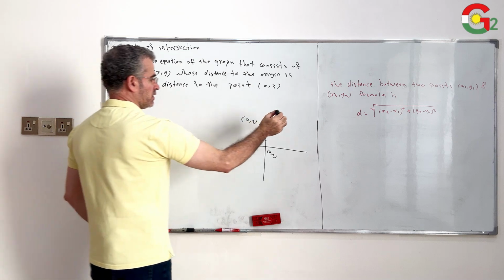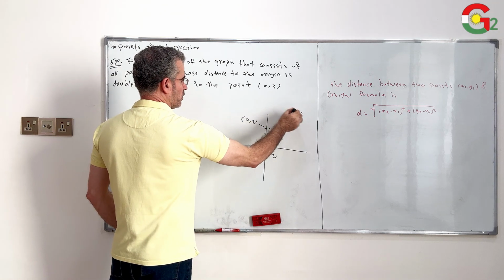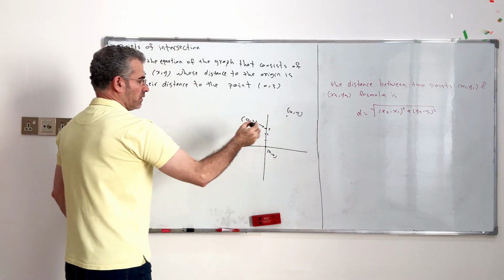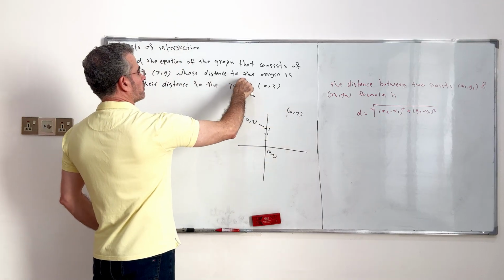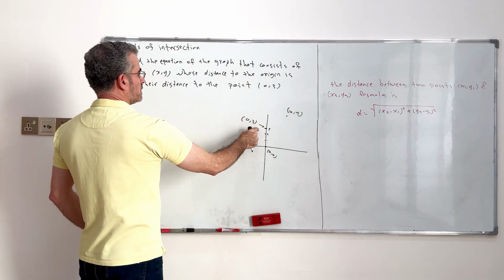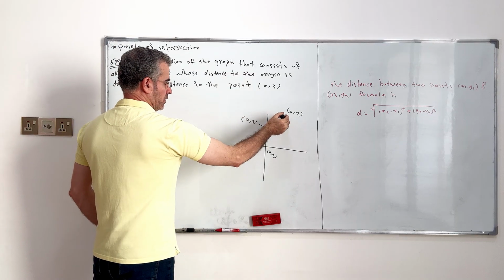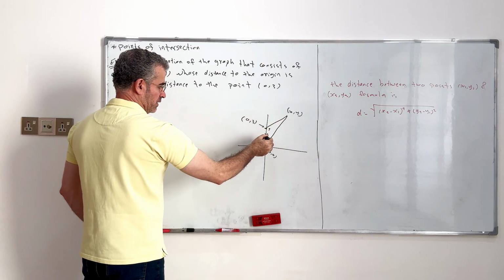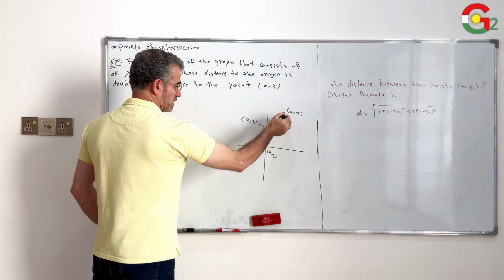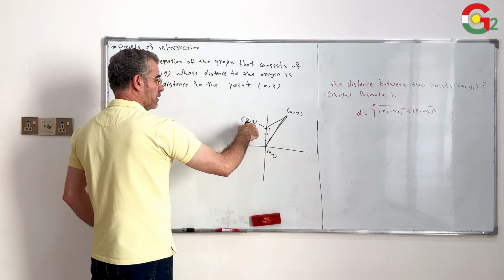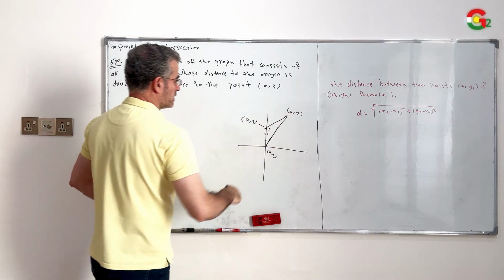This is the point x, y. The distance between x, y and the origin 0, 0 is double the distance between 0, 3 and x, y.